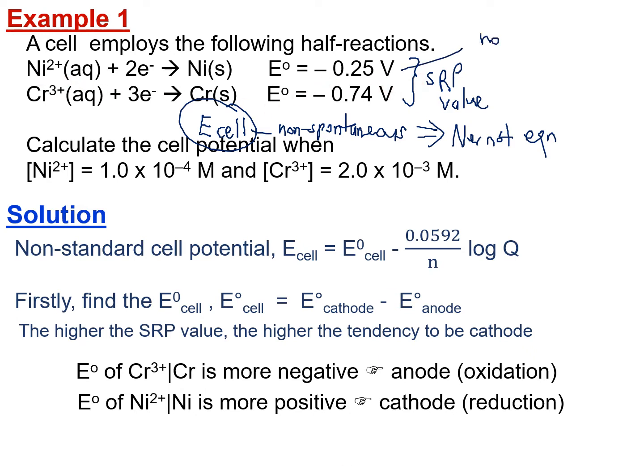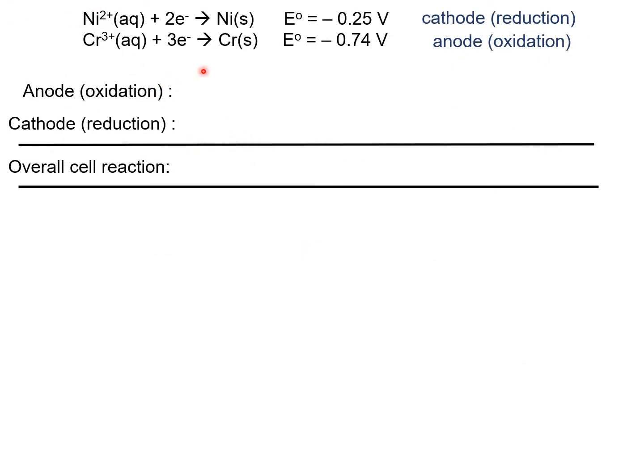Since that dia more positive, so dia akan berada di cathode. Okay. Kalau yang this one akan berada di anode. Okay, senang je, macam tu je. Okay, so we have decided the one yang ada higher SRP value yang towards positive will be at the cathode, dan sebaliknya will be at the anode.